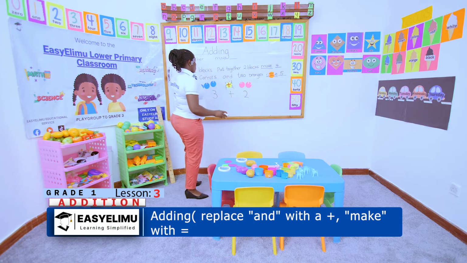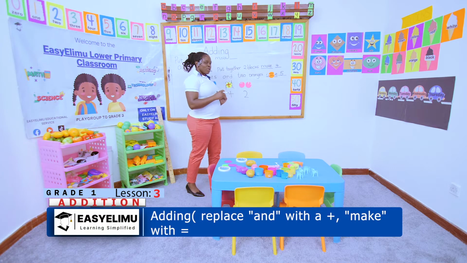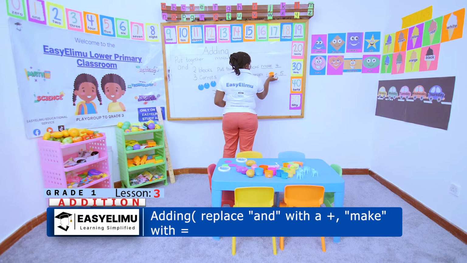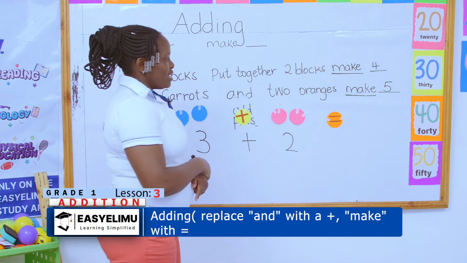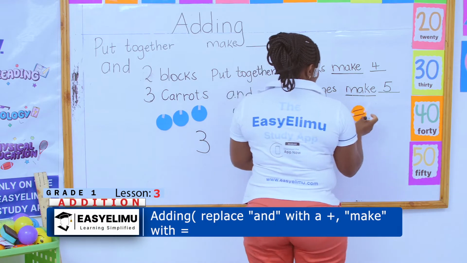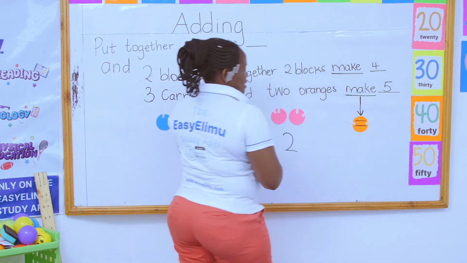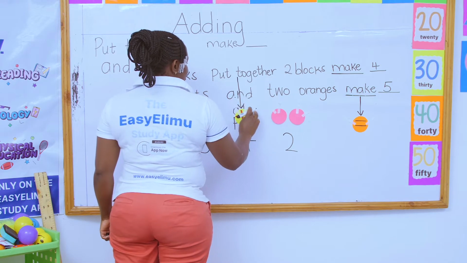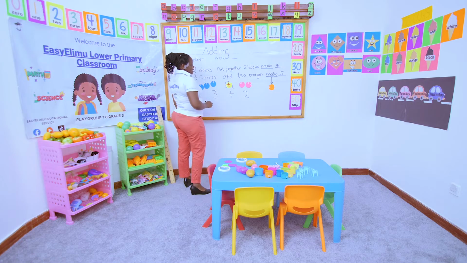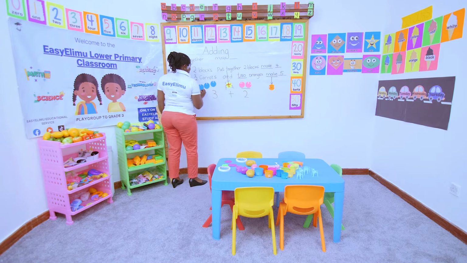And we have said when I have 3 carrots put together with 2 oranges, for me to get the total sum, I use this sign written as equal. So the word make has been replaced by the word equal. So this word make is the one that is represented by that sign. These words put together and plus is the one that has been represented by that sign. Then our 2 here, they are the ones that are here. Our 3 carrots here are the ones that are here.